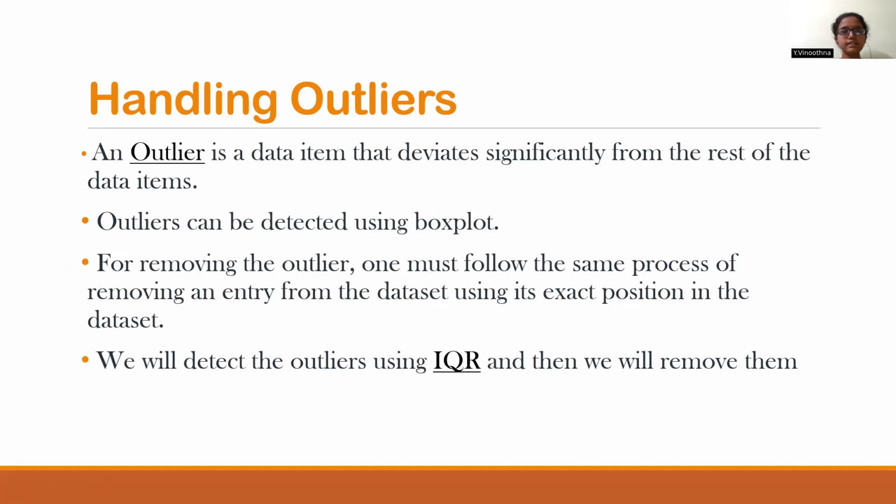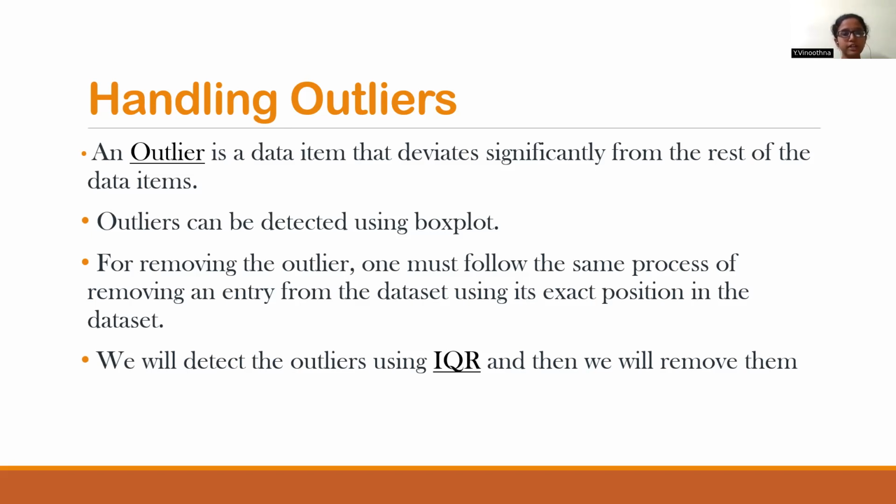These outliers can be detected visually using a box plot. After identifying them, if we find that these outliers are not necessary, then we have to remove them.